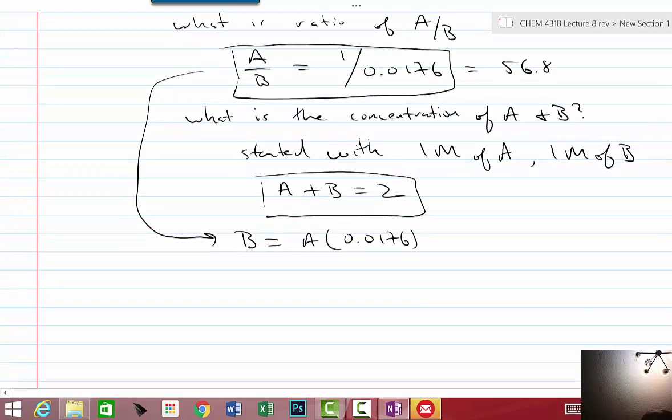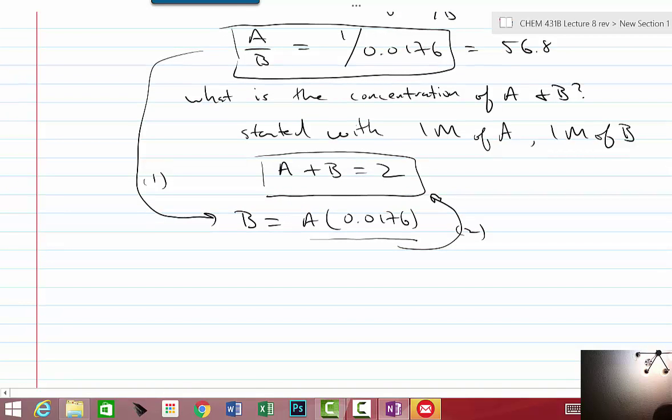Then I can plug this information in here, and I get A plus A multiplied by 0.0176 equals 2.